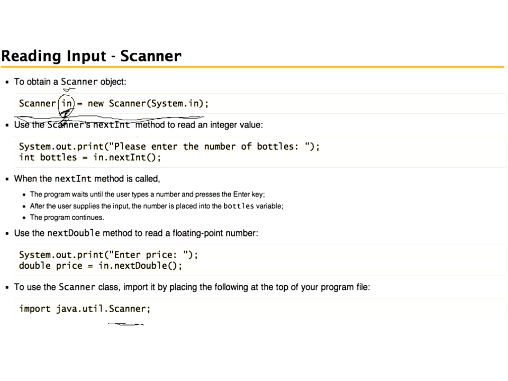So we cannot come straight away and call this, because why? Because we have not got Scanner yet in our project. So you need to import this from the library to your project. So before you start your class, let's say you have a class Z, before you create your class Z, you have to write this statement above.